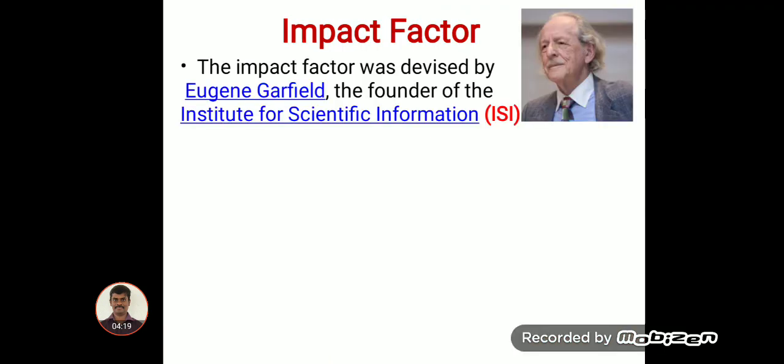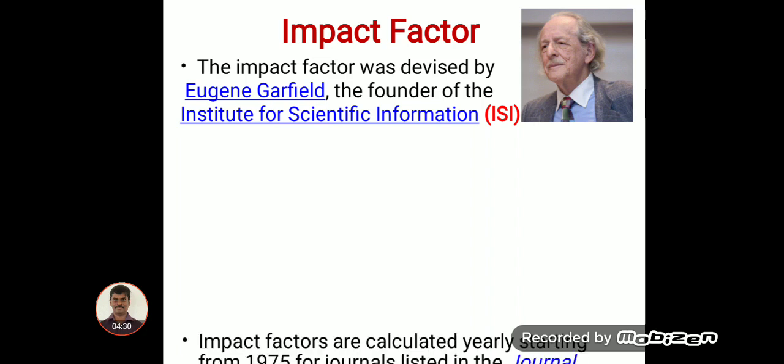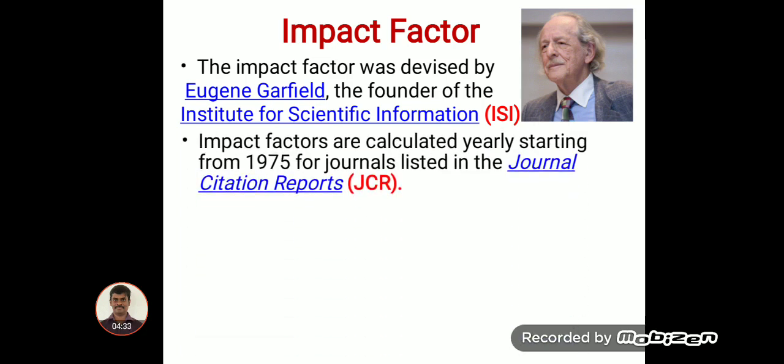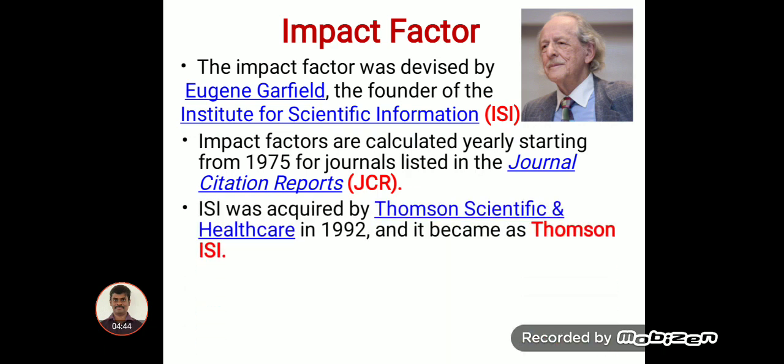How has this impact factor come into the picture? This impact factor was devised by Eugene Garfield, the founder of the Institute for Scientific Information, ISI. Impact factors have been calculated yearly starting from 1975 for journals listed in the Journal Citation Reports. The Institute for Scientific Information was acquired by Thomson Scientific and Healthcare in 1992, and thus it became Thomson ISI.